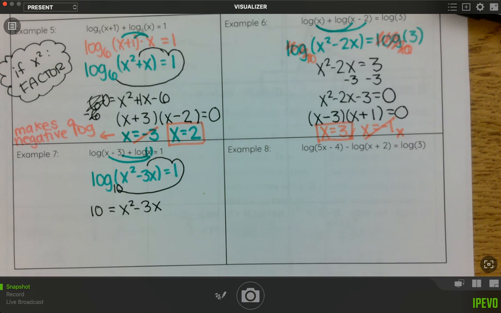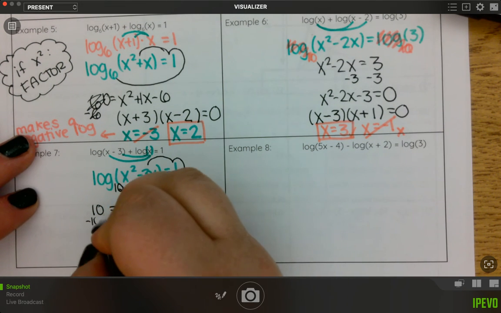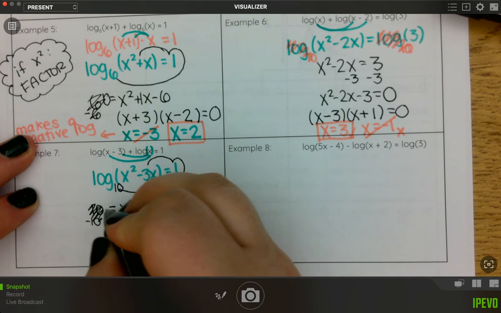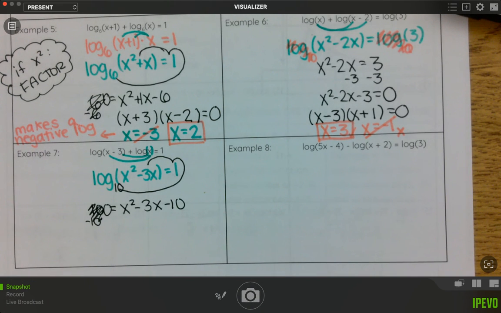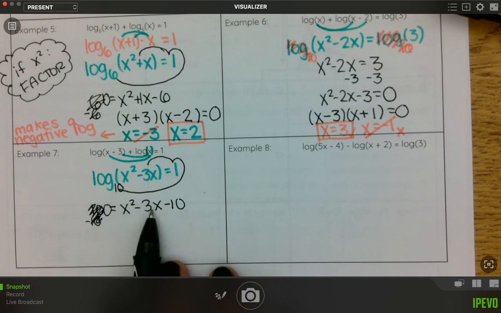I don't need it. And then this has an x squared, so I need to factor, which means I need to minus this 10 over to here so that it's all on the same side. I need two numbers that multiply to negative 10 and add to negative 3.